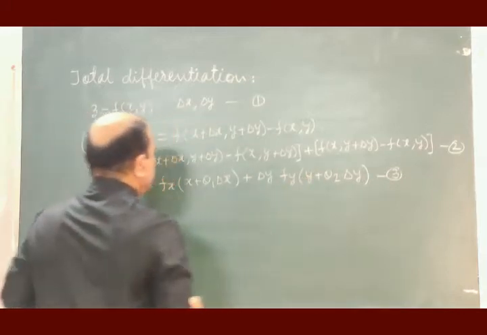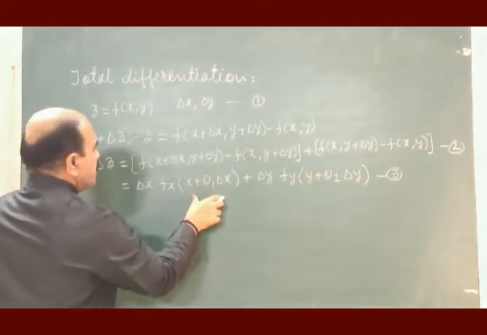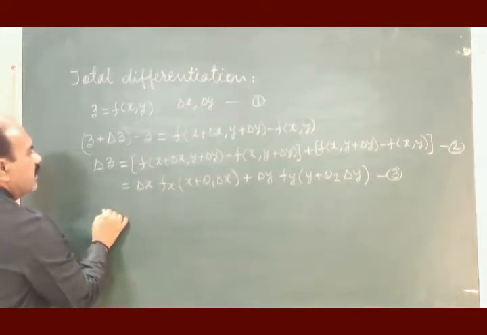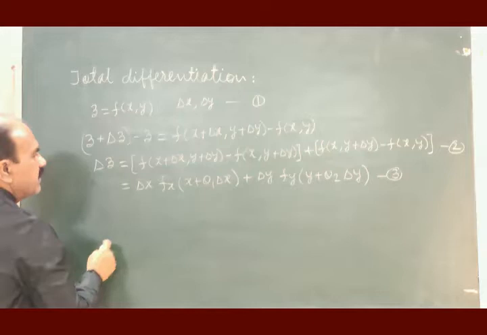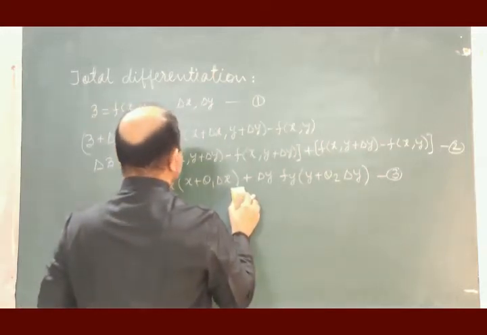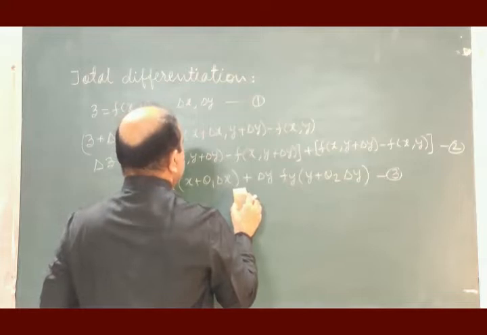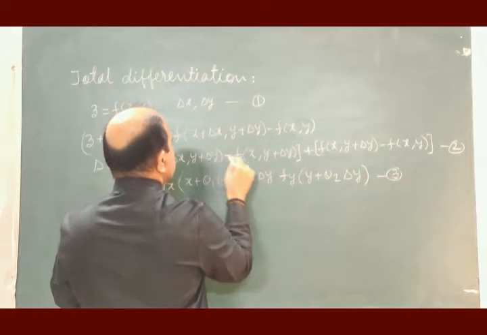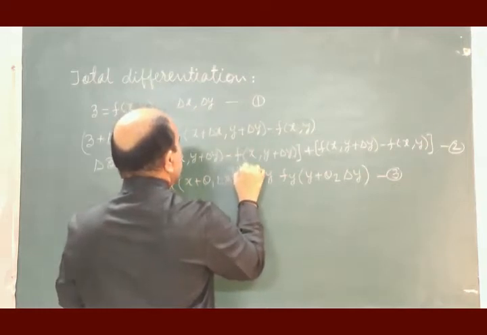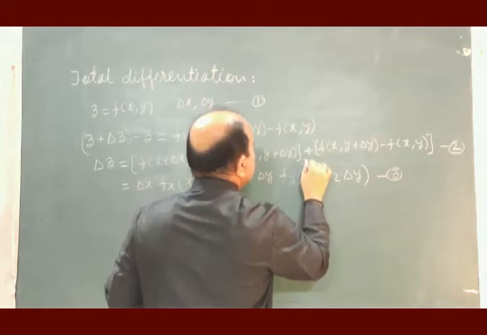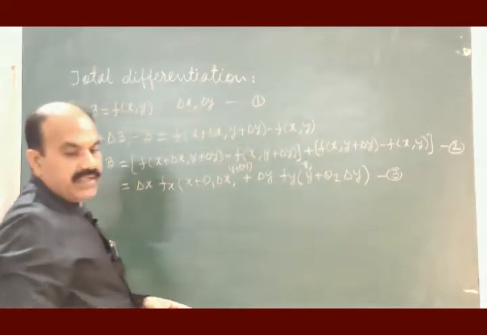Let it be equation number 3. Then consider this term. Let me include y here, this as it is, and x here as it is.